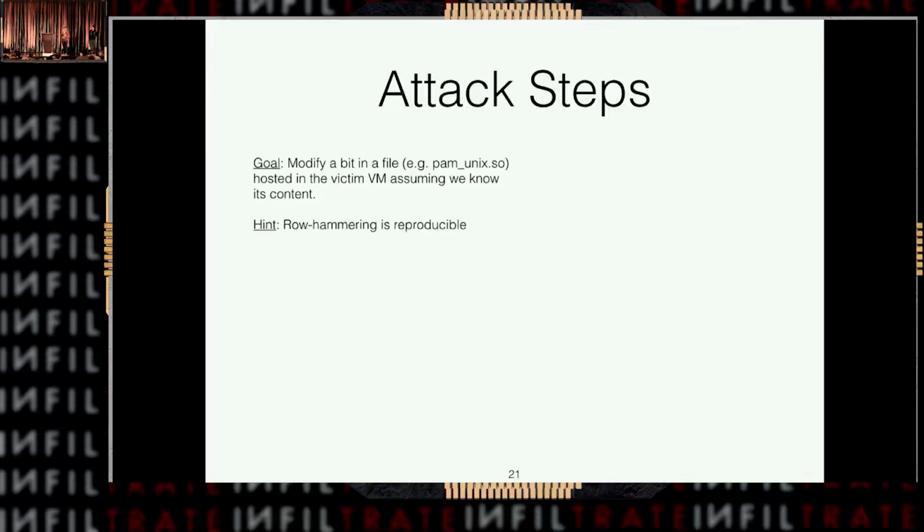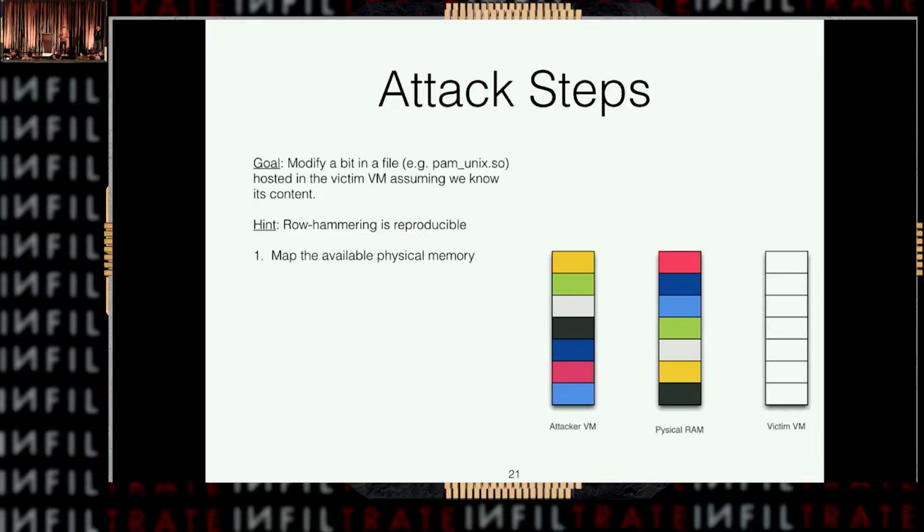And there is one thing that Mehdi didn't tell you: row hammering is reproducible. Once you know how to flip a given bit, you will be able to flip it again by doing the row hammer step you have done before. So, first step of the attack: you have to map the available physical memory using THP, like Mehdi said.